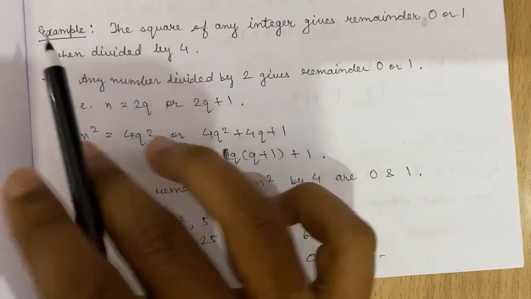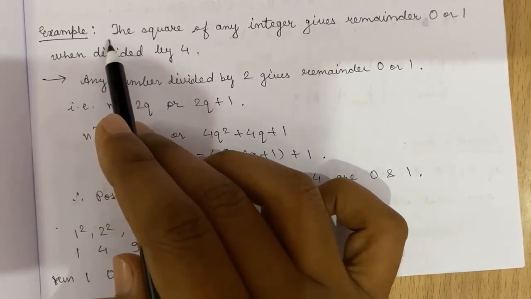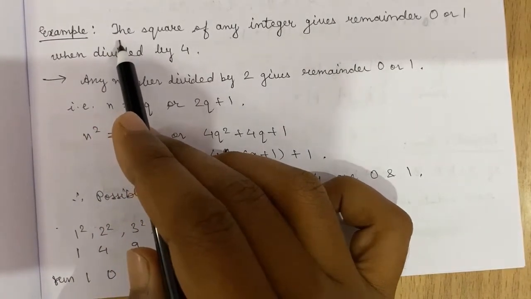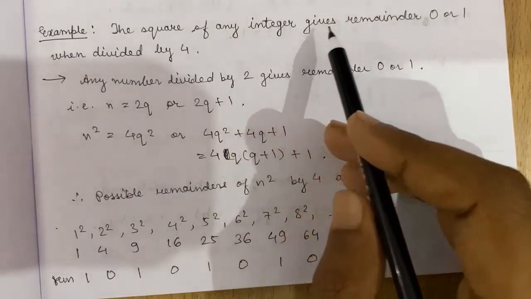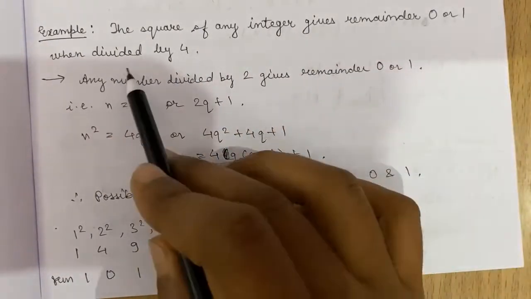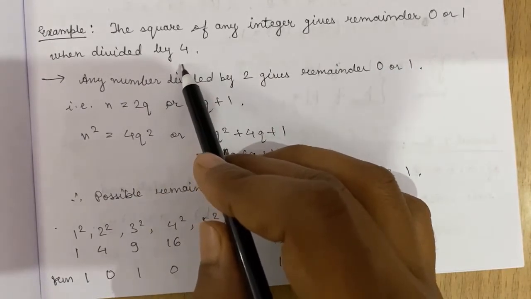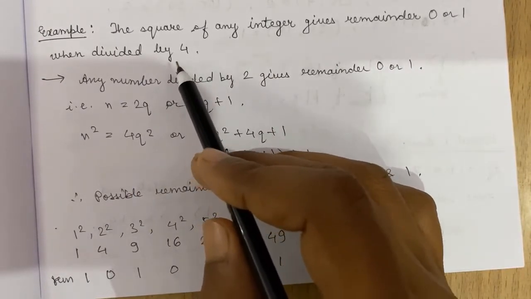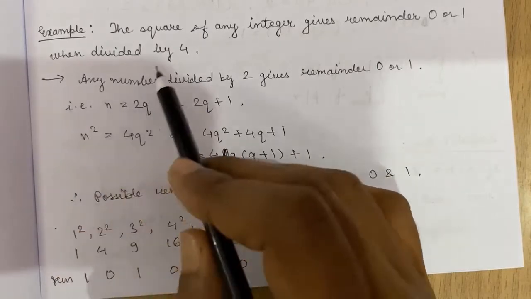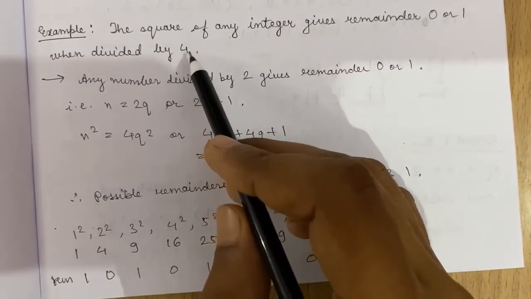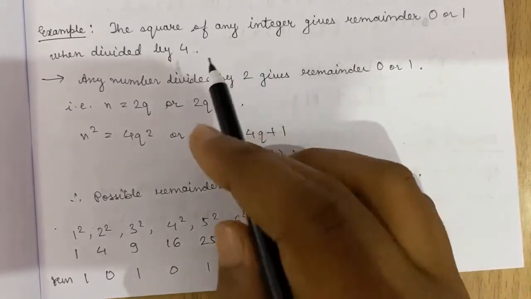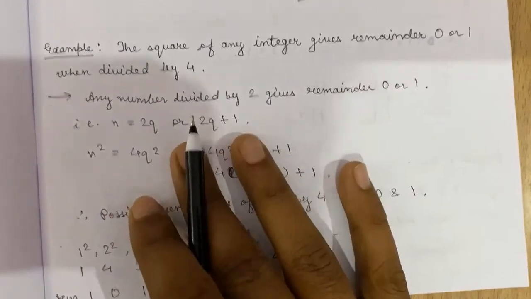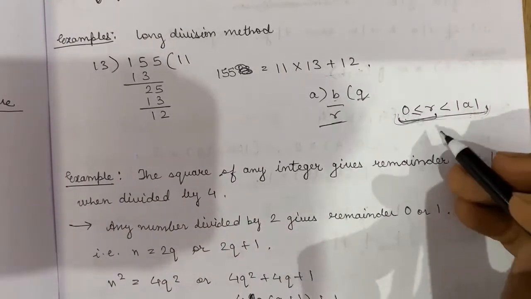So this is actually a very important and useful property and comes in handy in solving different problems. The square of an integer gives remainder 0 or 1 when divided by 4. From the division algorithm, we saw that when any integer is divided by 4, the possible set of remainders could be, so let's look at this equation first.